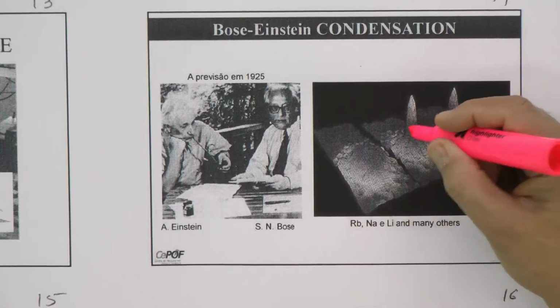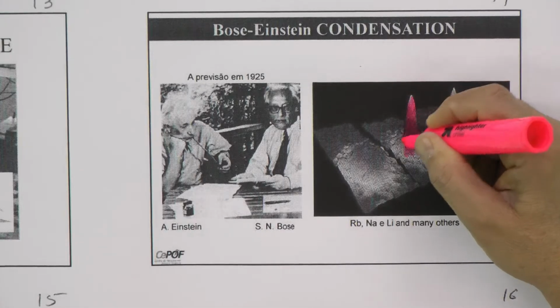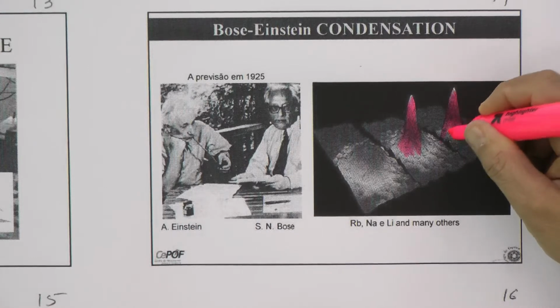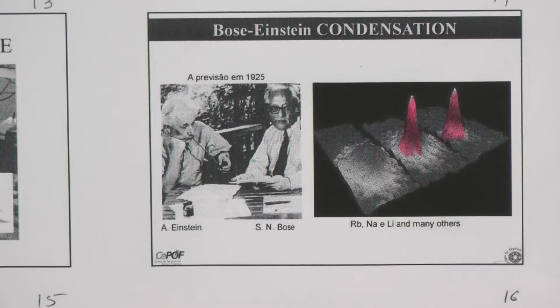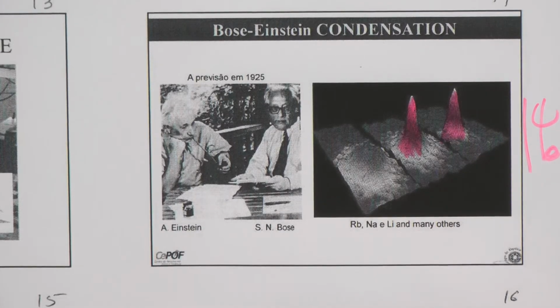But suddenly a peak appears here, as you can see. And this peak, even clearer when I go down, is the wave function squared of the ground state of those atoms.